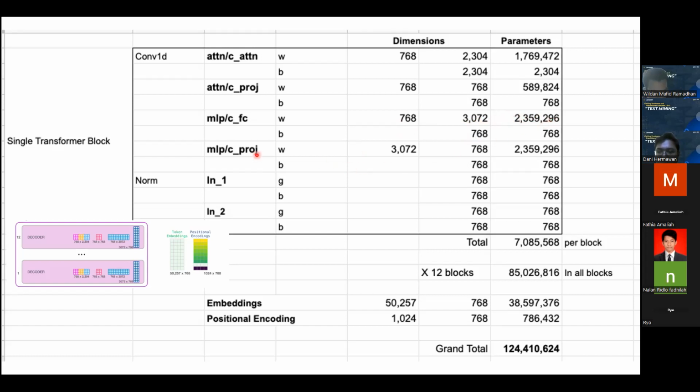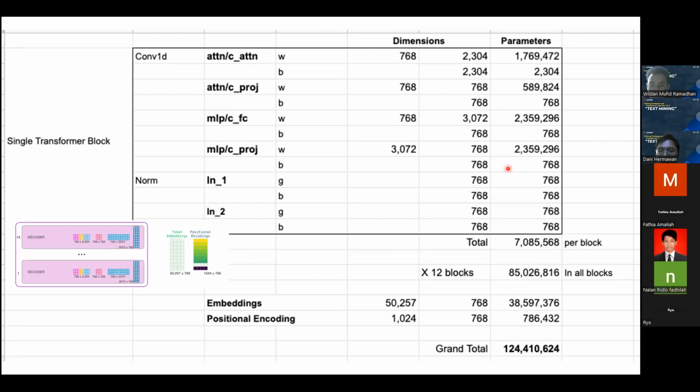Fourth, the matrix for reversing the transformation from 4 times wide to its original dimension has these big parameters. Fifth, the weight matrix for layer normalization has dimensions of 768.